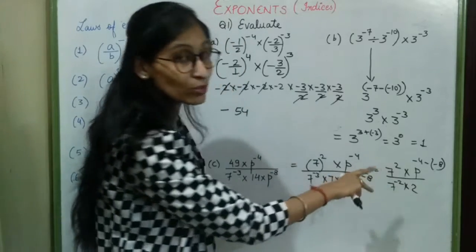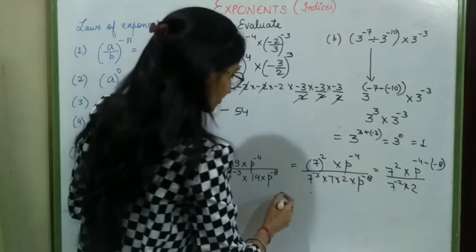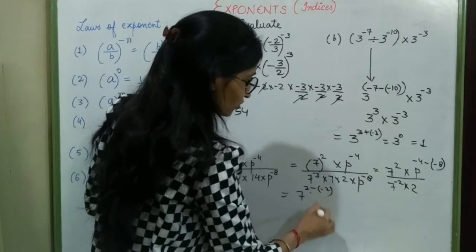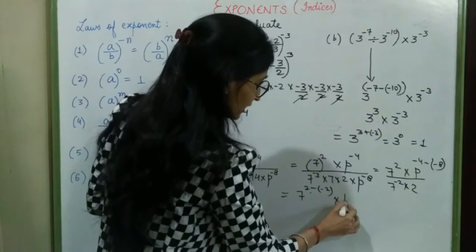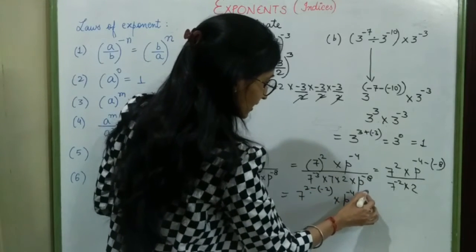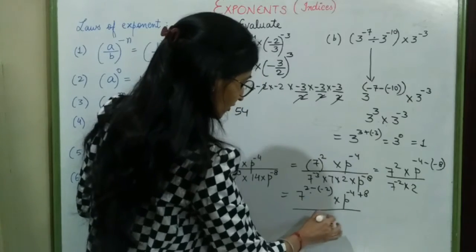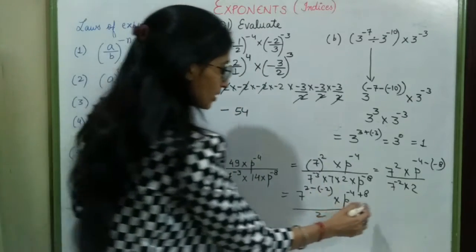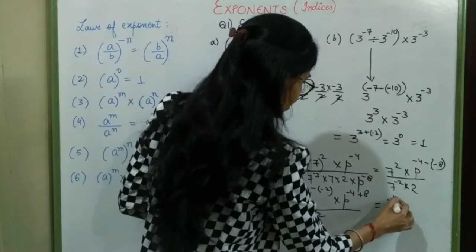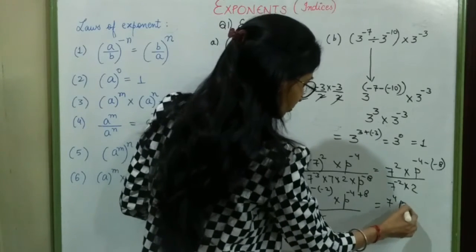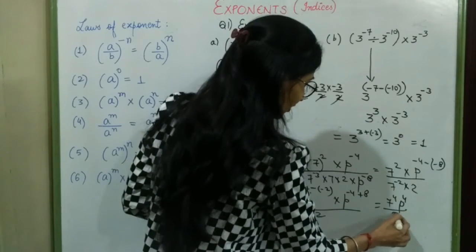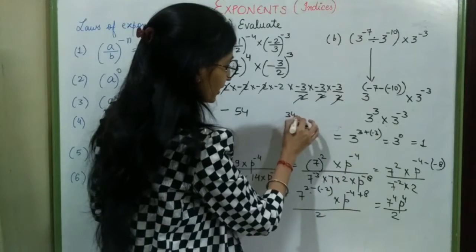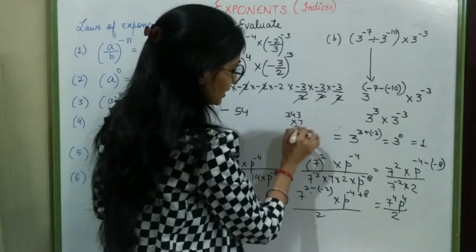So again I am going to subtract the powers. 7 raised to 2 minus 2 into p raised to minus 4 plus 8 upon 2. Minus plus 2 plus 2 will become 4. 7 raised to power 4 into p raised to power 4 upon 2. 7 raised to power 4 will be 343 into 7.